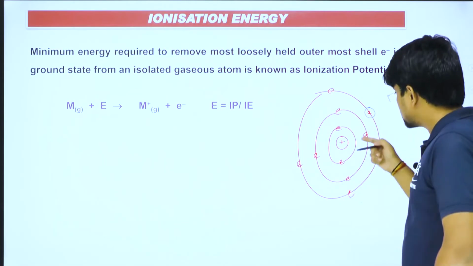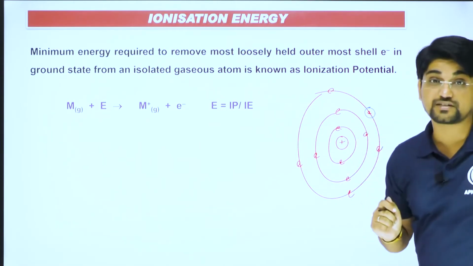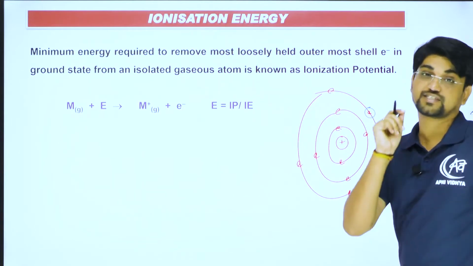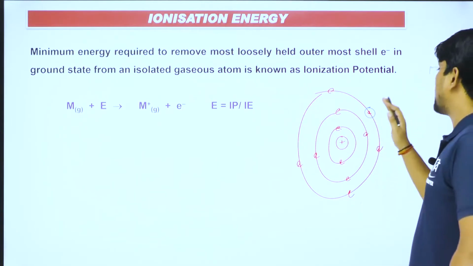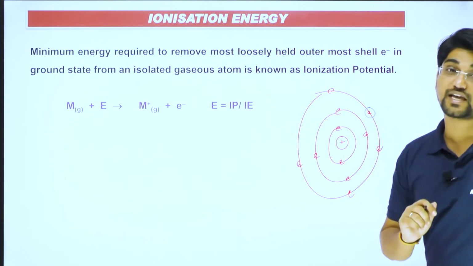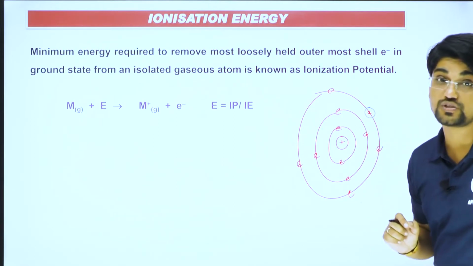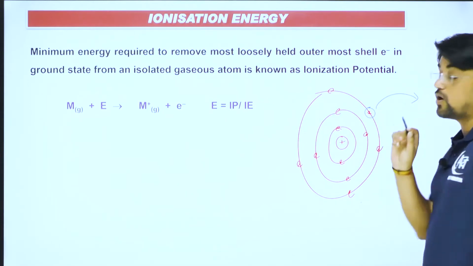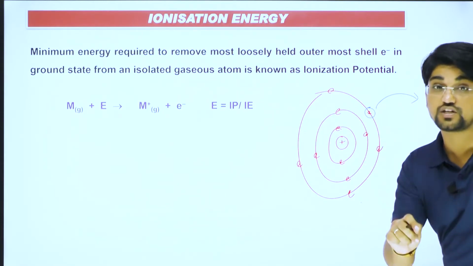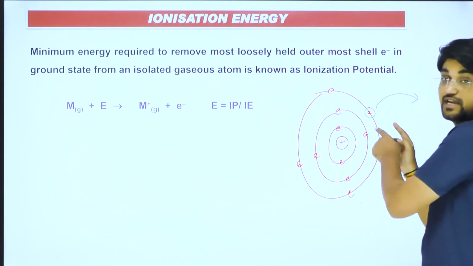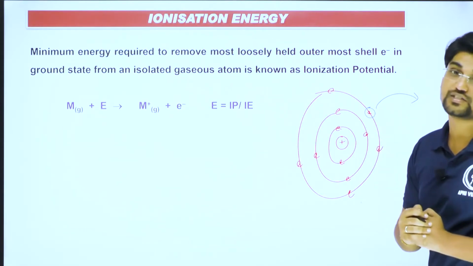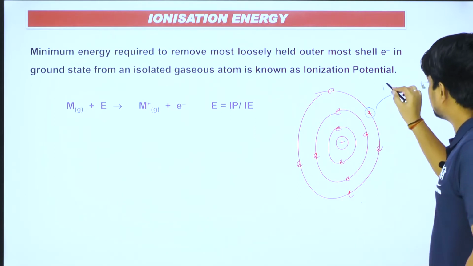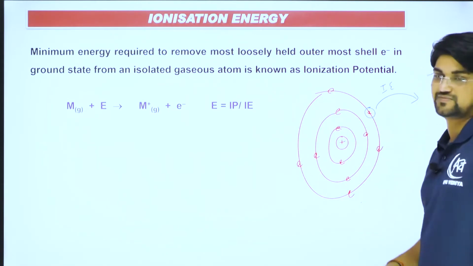The electron closer to the nucleus is powerfully attracted, and an electron far away from the nucleus is loosely bonded. So you have to remove the outermost shell electron, which is the most loosely bound. The amount of energy required to remove this electron is called ionization energy. I think the point is clear.